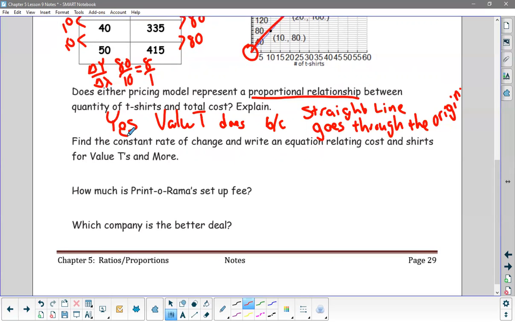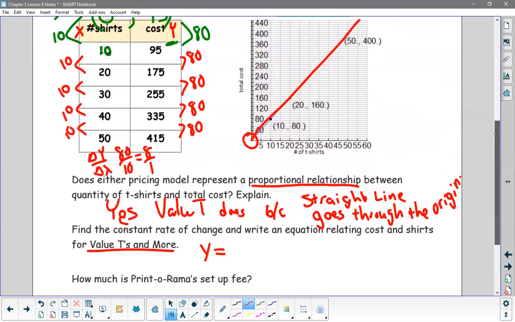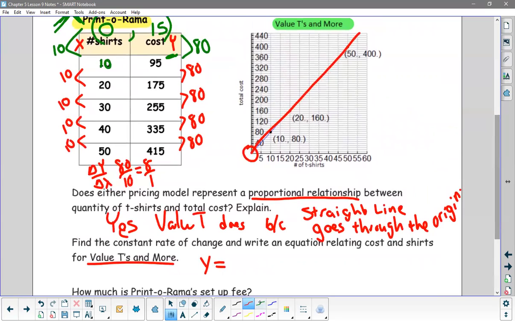All right, the second part of the question, find the constant rate of change and write an equation for Value Tees and More. Well, it's just y equals the constant rate of change times x. Hey, I never found the constant rate of change, did I? So I go back, and since I know it already has a constant rate of change, I'm just going to pick two points.